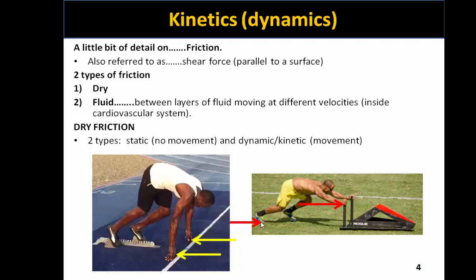The ground is pushing back, and he's applying force at the handles, and the sled is moving, but the sled is moving against the grass, which is applying a reactionary force that is opposite to what the athlete is applying against the sled. And so on the left-hand side, we see an example of what we would refer to as static friction, no movement, and dynamic or kinetic friction on the right-hand side.